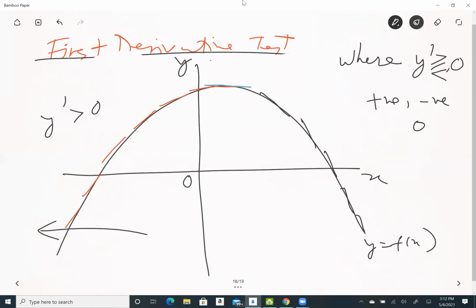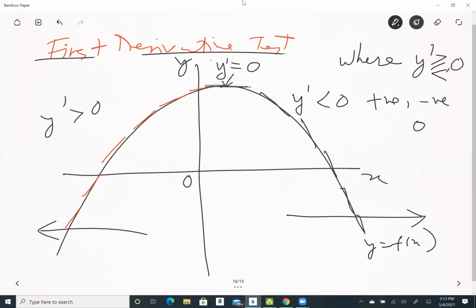Okay, on the other side, negative. You see here y prime is negative.